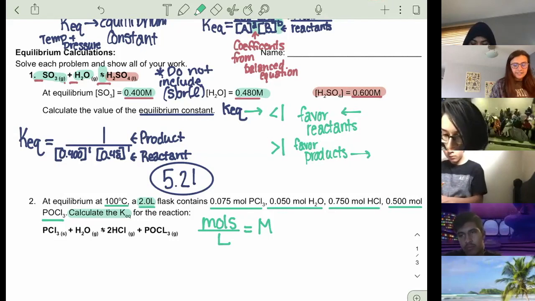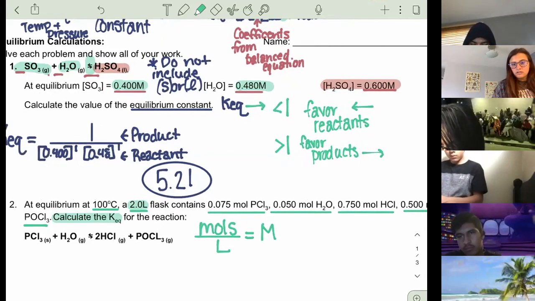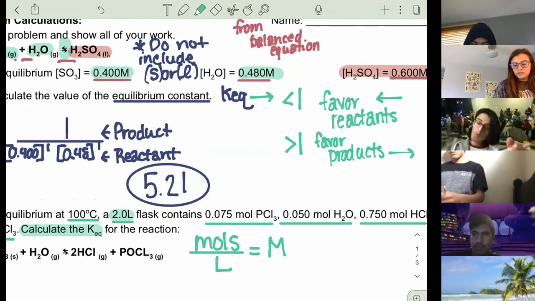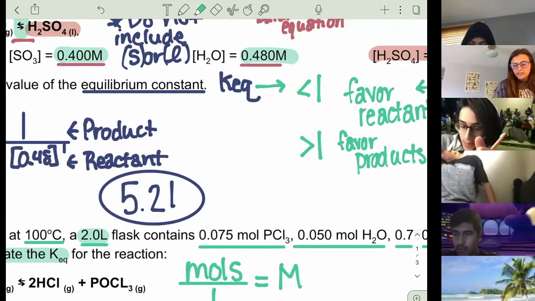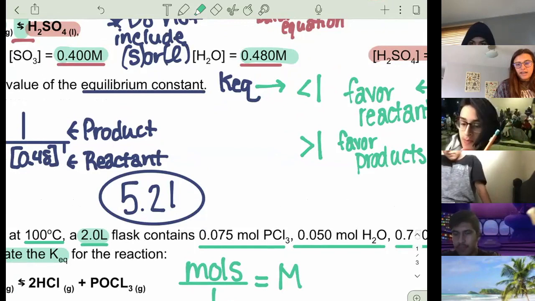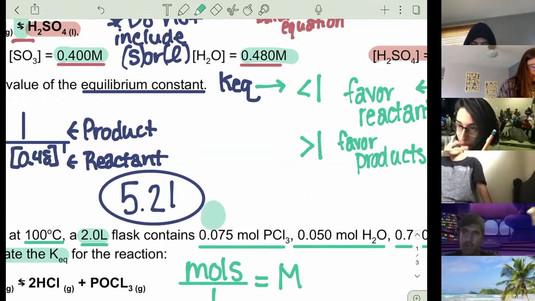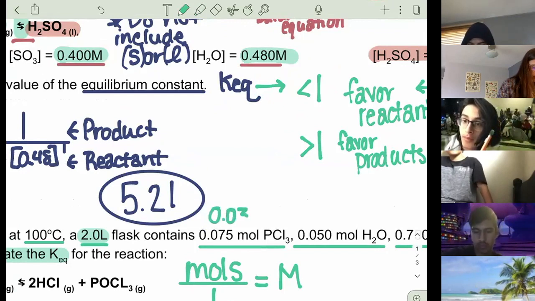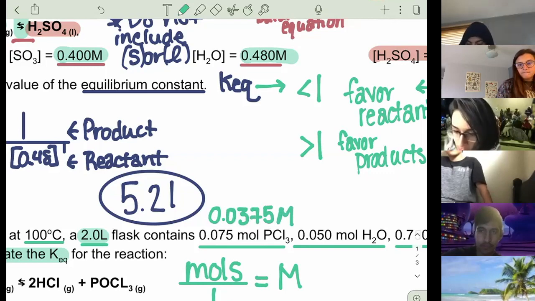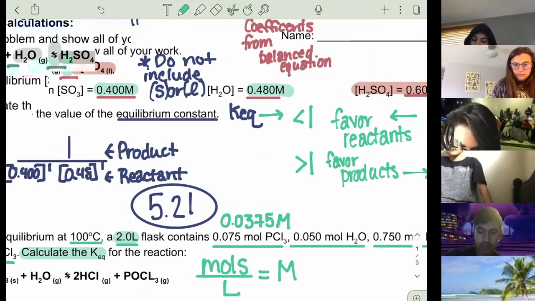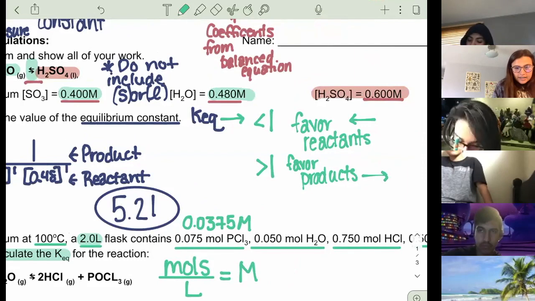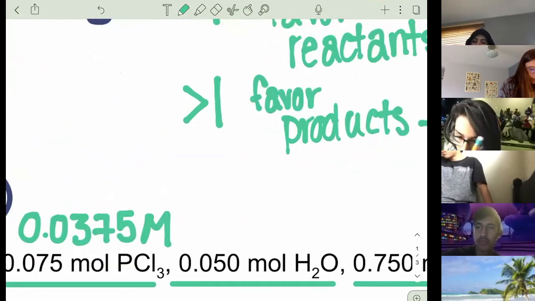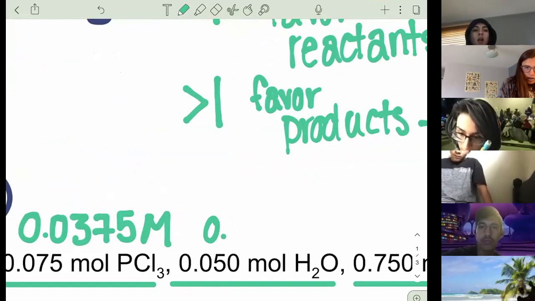All right, Stephanie has our first one, our PCl3 value, and I agree with you, Stephanie. Fatima has our value for water. Awesome. Then Astanet has our value for HCl.